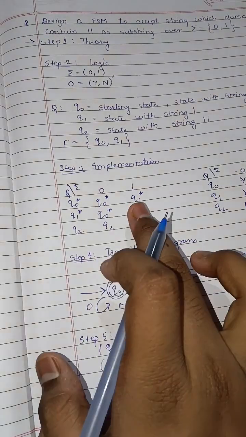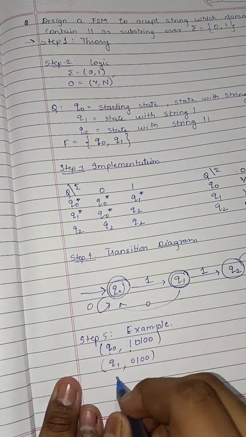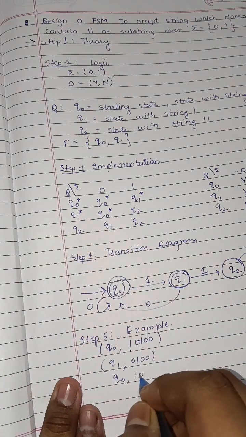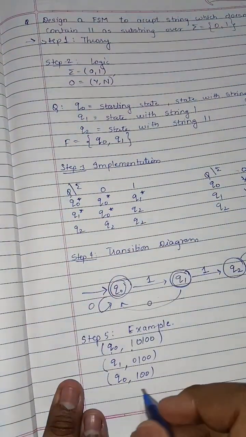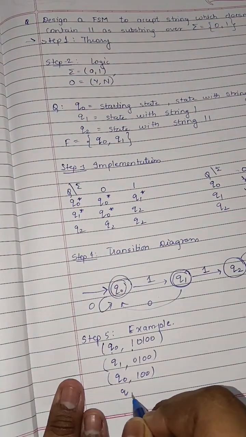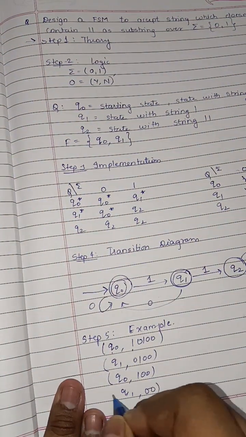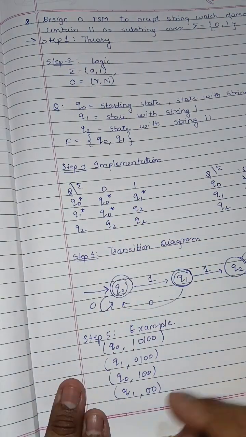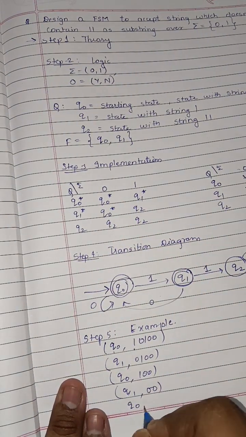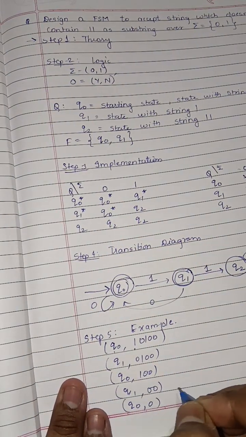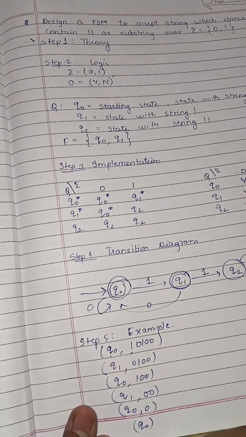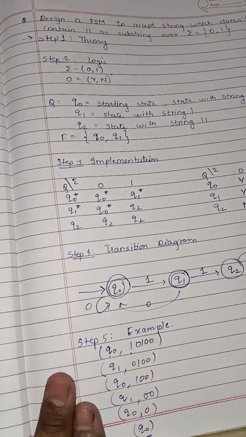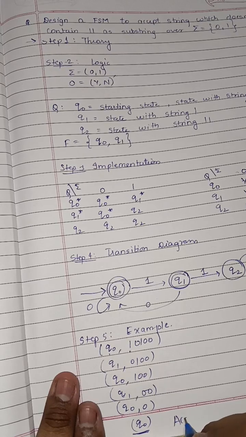Q1 receives 0, it's going to Q0, remaining 100. If Q0 receives 1, again it is going to Q1, remaining 00. If Q1 receives 0, it is going to Q0, remaining 0, and Q0 receiving 0 goes to Q0. Since Q0 is our final state, it is accepted.